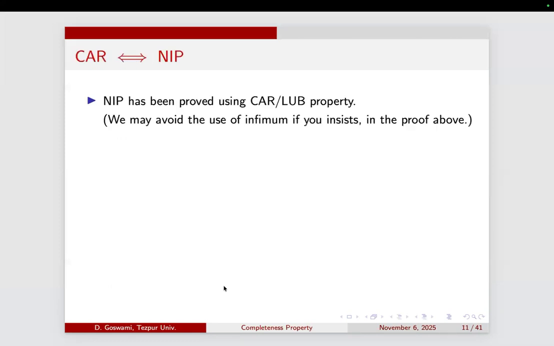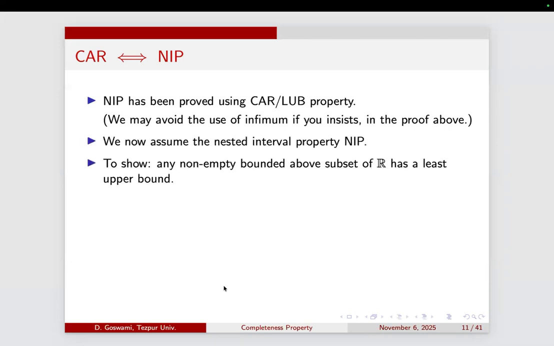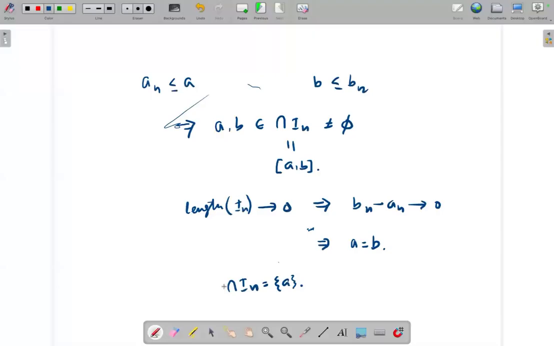We want to show that if we assume the nested interval property, we can show the completeness property of R, that means the LUB property. So that's what we propose. Okay, so what we have to show is that any non-empty bounded above subset of R has a least upper bound. So again, let's go back here.